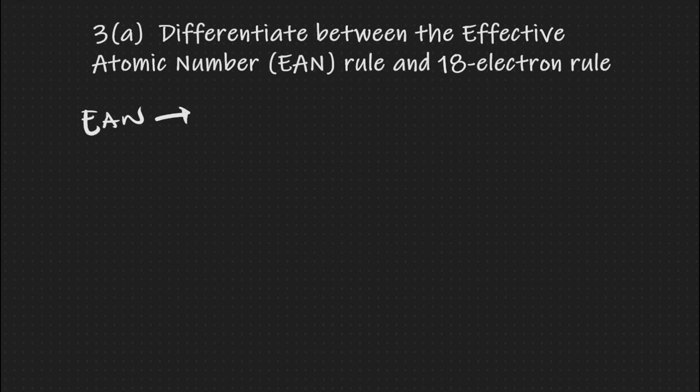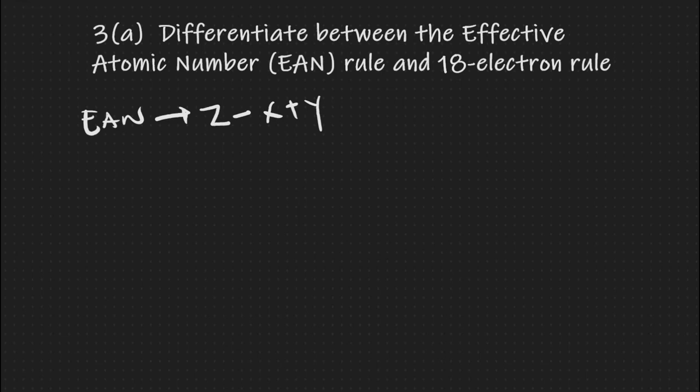In other words, the metal atom has to obtain the electronic configuration of the noble gas present in the same period to become stable. So to explain this better, it is said that EAN equals Z minus X plus Y.